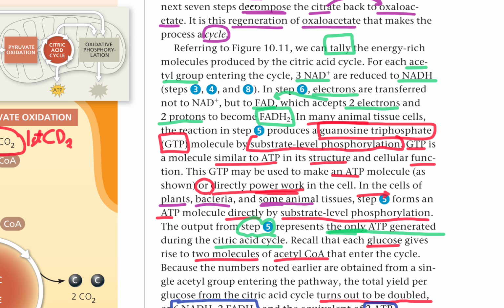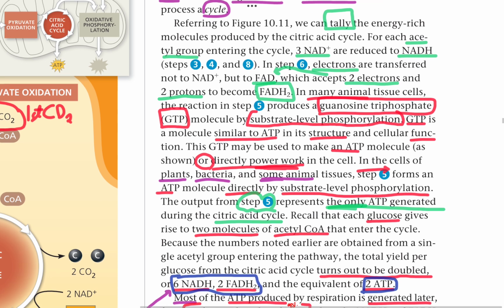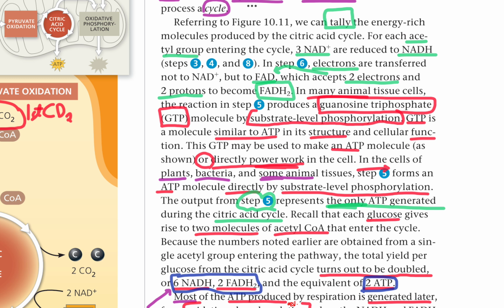Both will provide acetyl coenzyme A. Each glucose will provide two acetyl coenzyme A. One will enter the cycle, and for each acetyl coenzyme A entering the cycle, we have 3 NAD reduced to NADH, step 3, 4 with CO2, 8th without CO2.